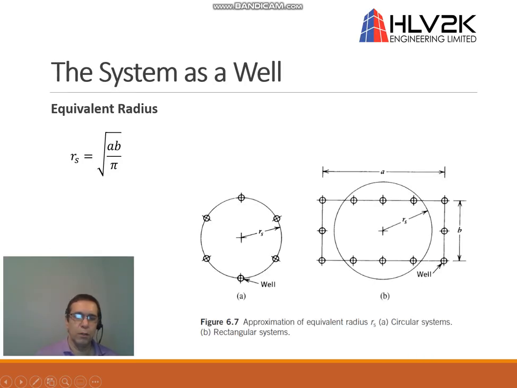In order to use the proposed analytical models for rectangular excavation, we need to use a circular system with the same area. To do that, we have to calculate the equivalent radius by this equation. A is the length of the excavation, and B is the width.